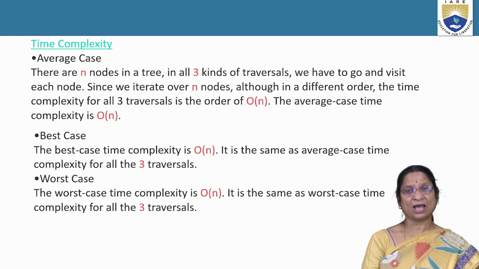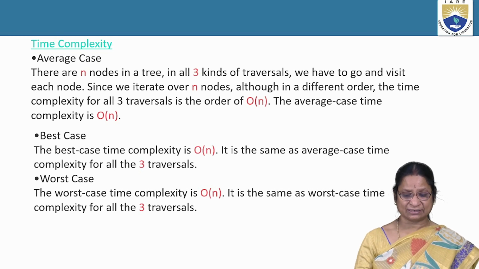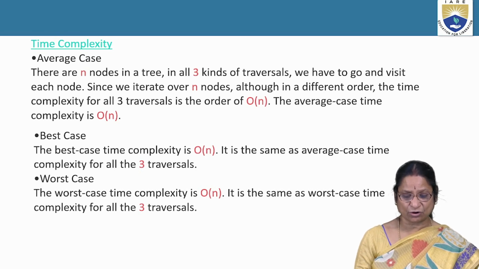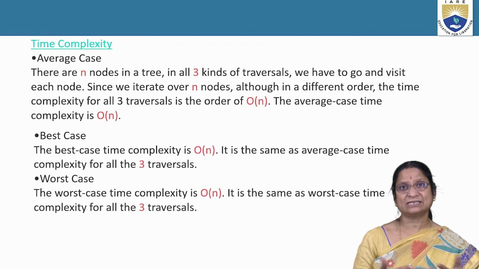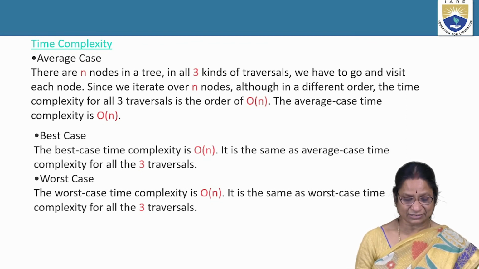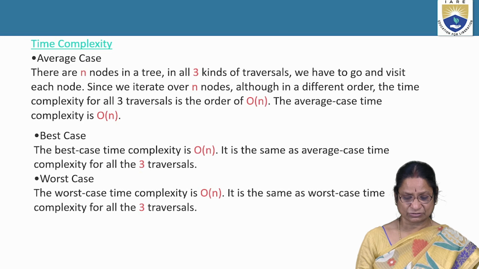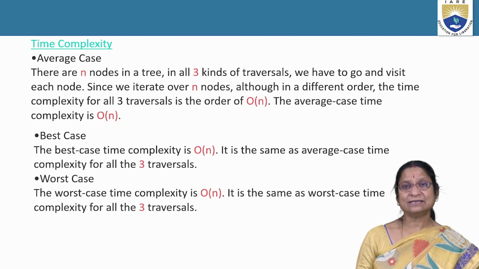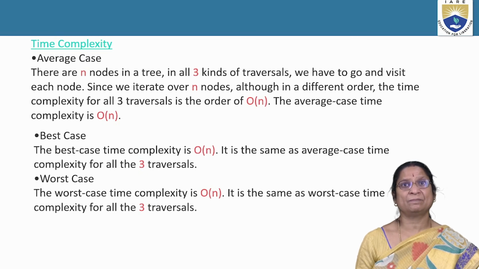In the average case also we consider order of n. Best case also order of n only, because even in the best case all nodes must be traversed. In the worst case also order of n. It does not depend upon the height, because in traversal each element is going to be accessed.